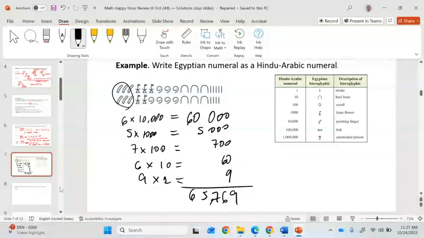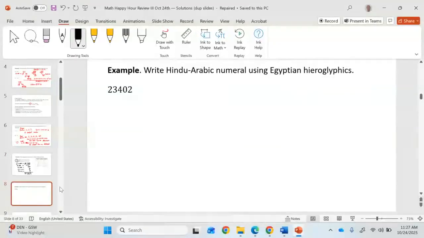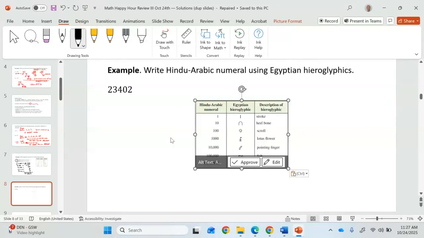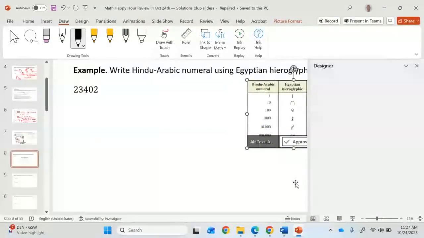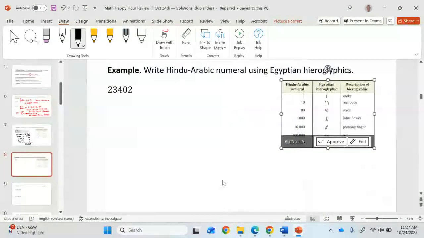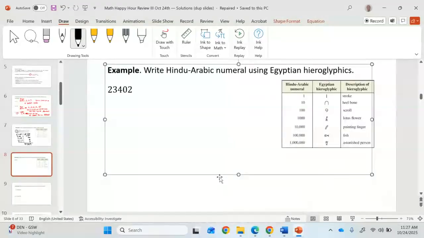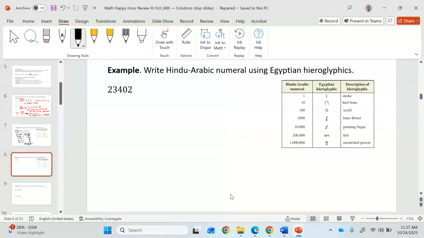Okay, so the next example, now I'm going to do it backwards. I'm going to write this down into Hindu Arabic. Let me see if I can copy my table. There it is. Maybe what we can do is separate it as a sum, like the expansion of the number. This is in the place of the ones, so that would be 2 times 1.